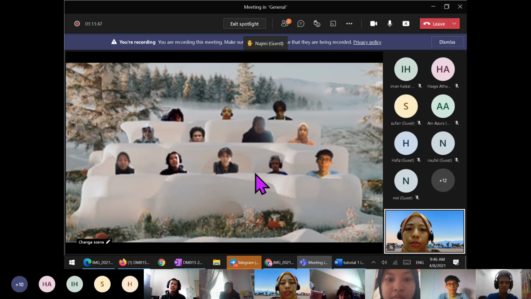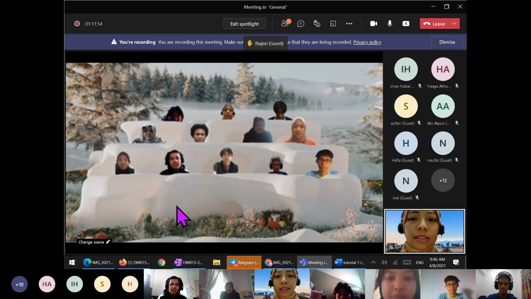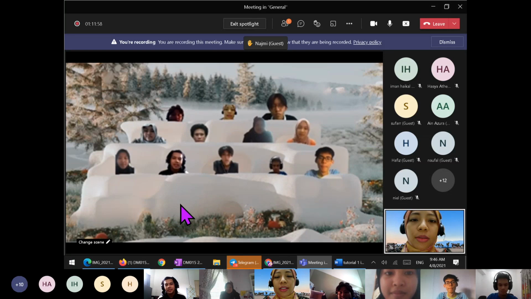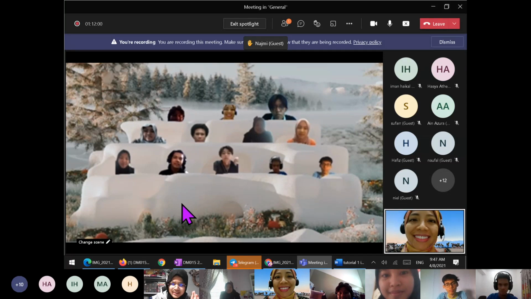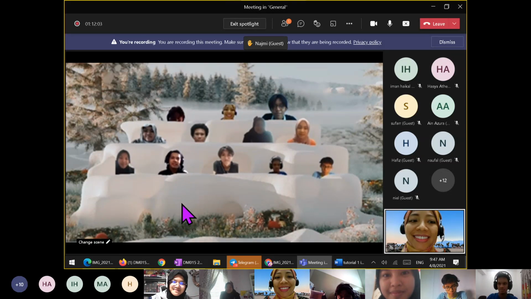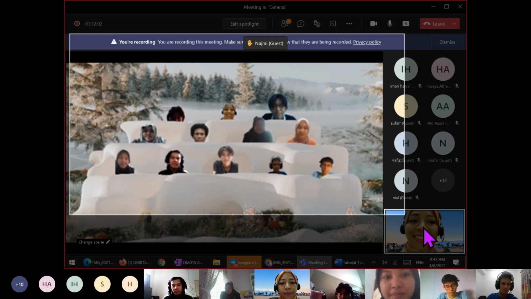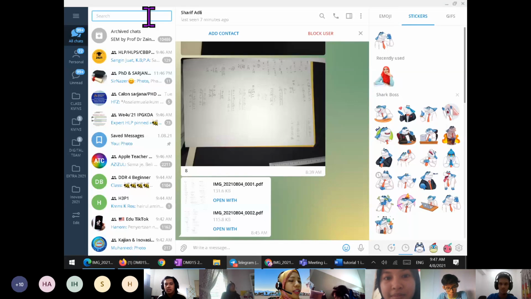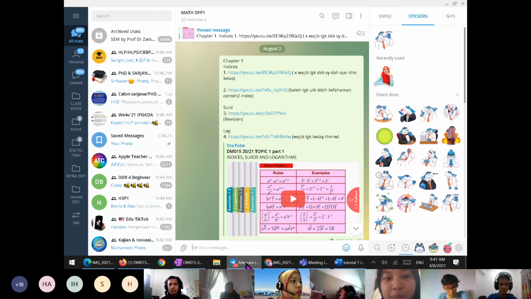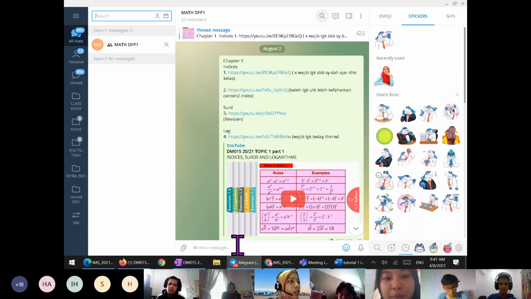Siapa-siapa yang boleh tolong screenshot kan? Okey, 1, 2, 3, senyum. Dekat sikit muka you all dengan kamera tu. Nampak kecil ya? Okey. 1, 2, 3. Sekejap, cikgu share dalam Telegram. Ni di FP1. Tapi kalau you have better quality, you boleh bagi I.